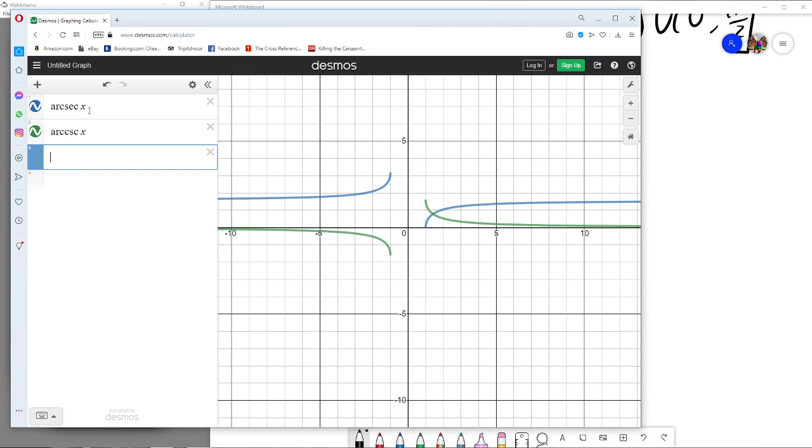These functions differ from what I was doing before, where x equals secant y, because these have the built-in domain restrictions that we were just going over. So here's arcsecant, arccosecant looking very similar, and then here is our arccotangent.